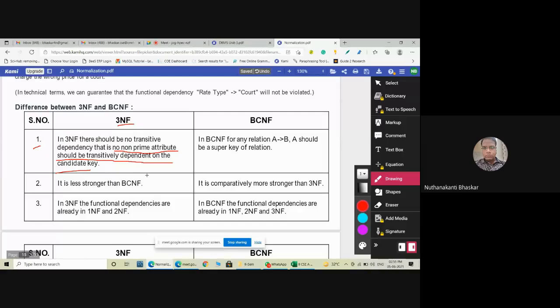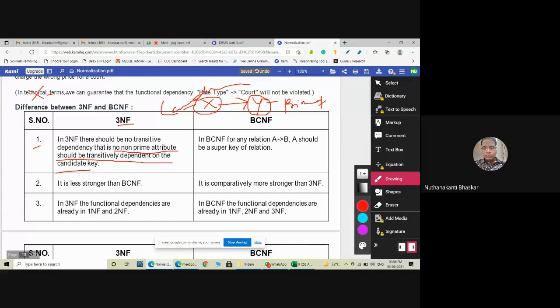If you write X determines Y, and Y is a prime attribute, X must be the candidate key. So this is the meaning.